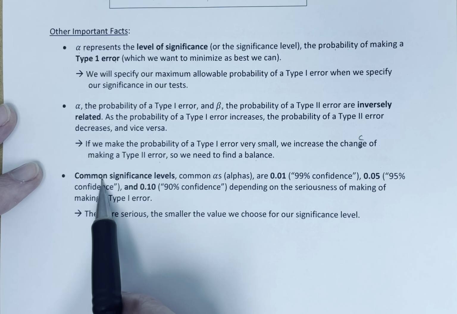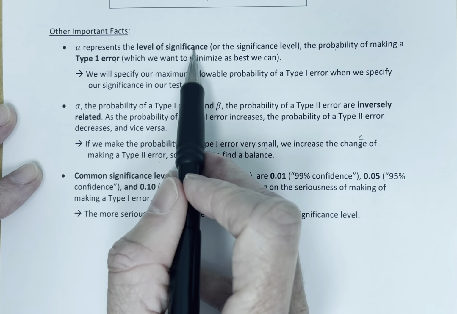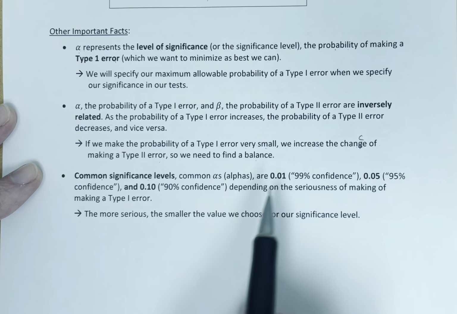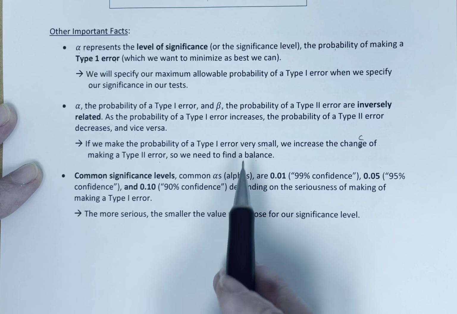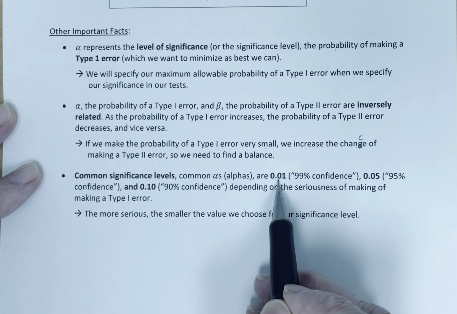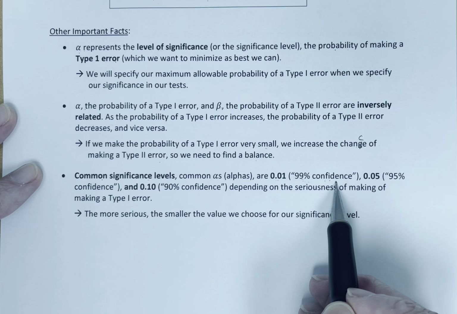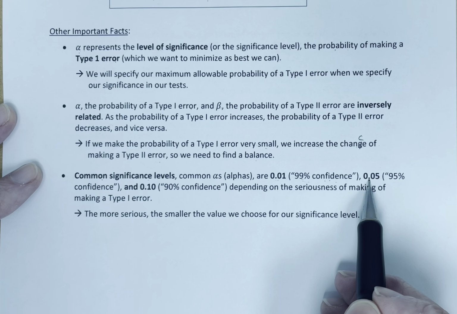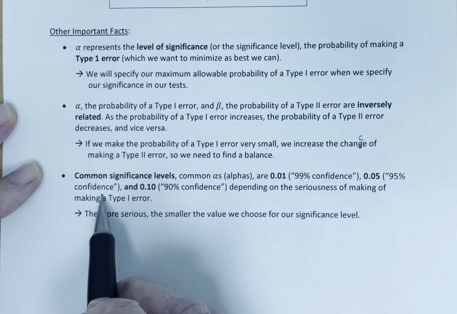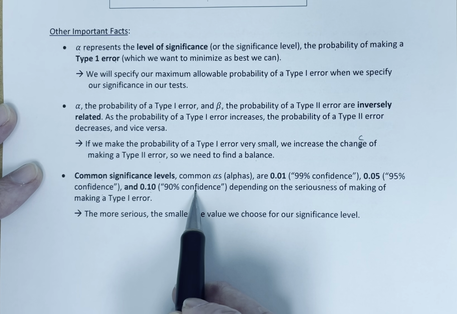And finally, common significance levels. Alpha represents the level of significance. Common alphas are 0.01, which is kind of a 99% confidence, 0.05, which is kind of a 95% confidence, and 0.10, 90% confidence.